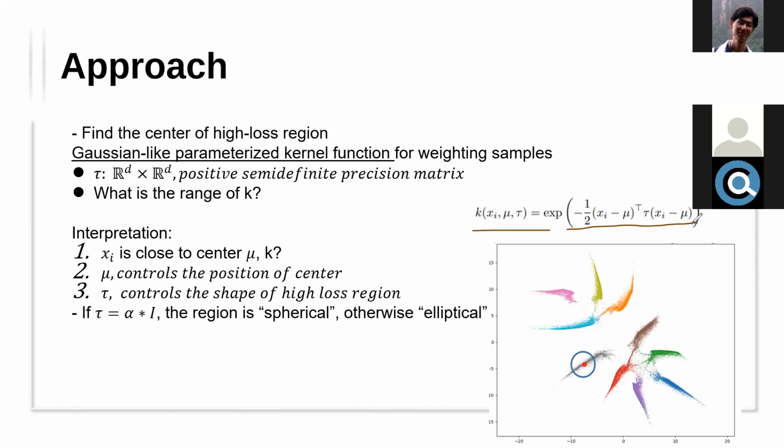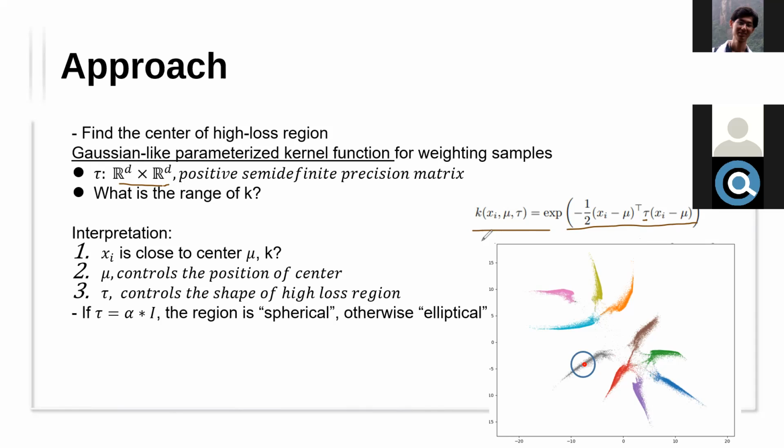And tau is a positive semi-definite precision matrix. Tau is a matrix, a d times d matrix. Here we assume each xi has a dimension of d.